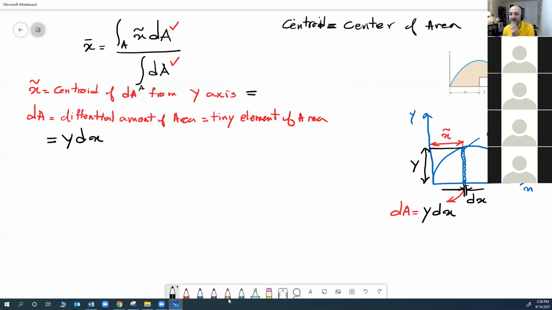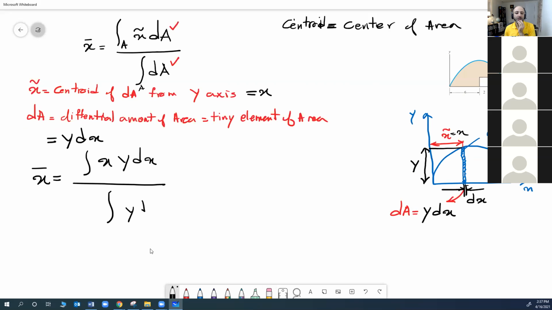So wherever it is, this value is the same as the value of x. So it's x. That's it. Now I'm ready to calculate x bar. It's the integral of x tilde, which is x, times dA, which is y dx, over the integral of dA, which is y dx.